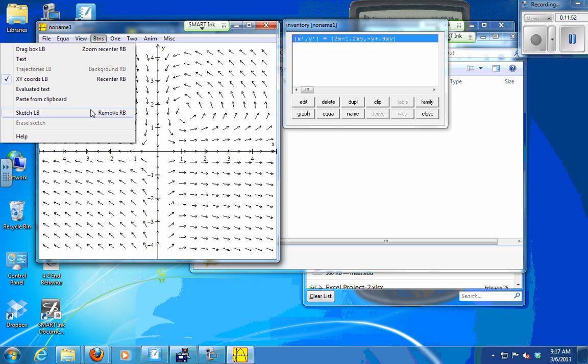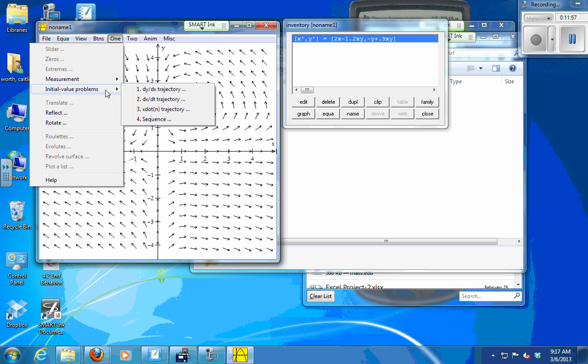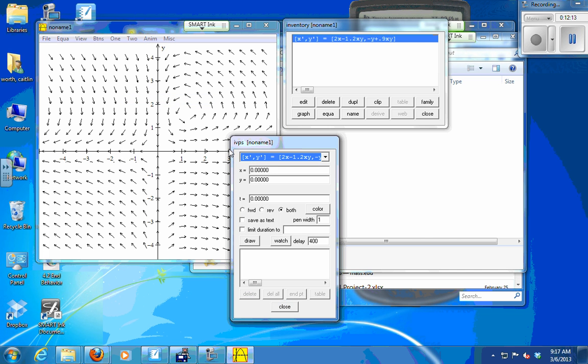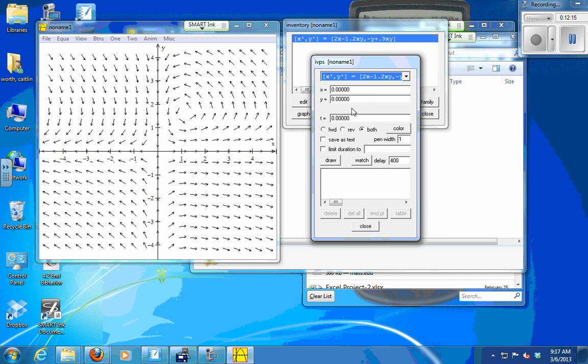Where does it say initial value problems? Oh. Yep, okay, sorry, this must be a newer version and he changed the name of the menu. So we want the dx dt trajectory. You open that up for IVPs and you give it an initial value like 1.5 and click draw and it draws your solution.